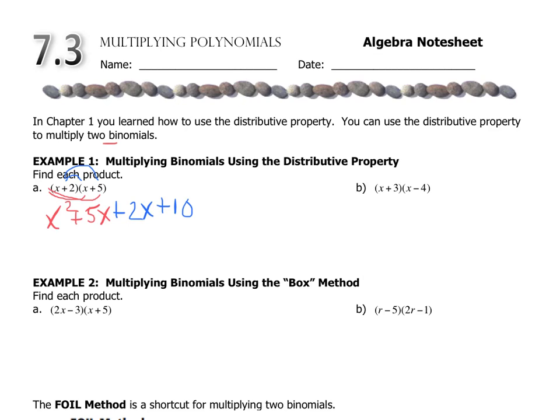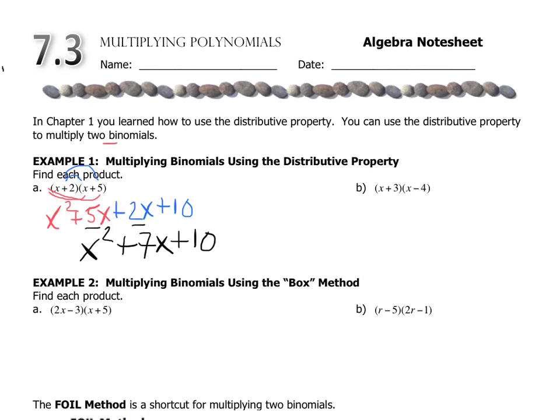Once I've broken up those parentheses, now I can get at the like terms. I can combine my like terms, which in this case are just the x's down the middle, and I can simplify by saying x squared plus 7x plus 10. And that would be the answer after I multiplied those together.